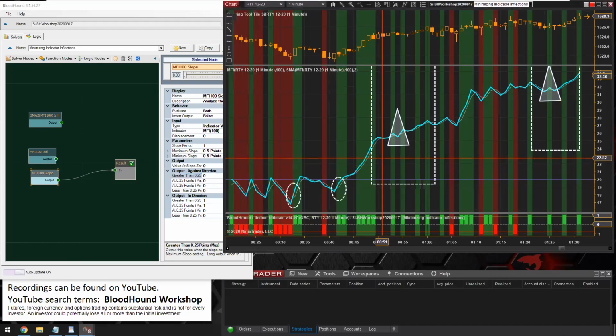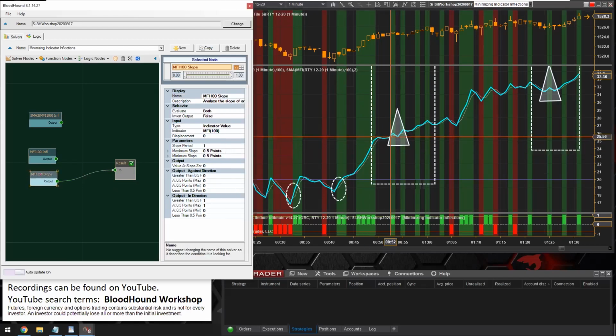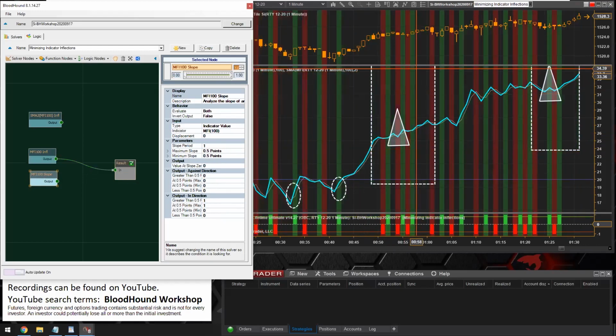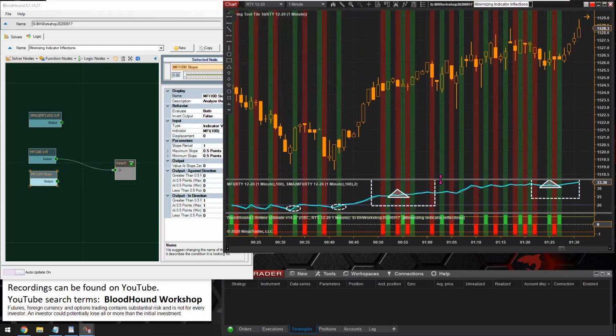So when I'm looking at this, we still have the long output from the slope. So when the MFI indicator is pointing upward, we're getting a long output from the slope solver. But remember, when we look at our indicator overall, it looks like the MFI has a gradual sloping upwards.